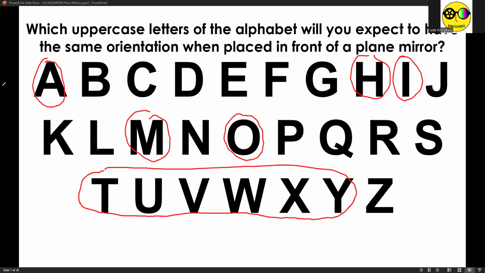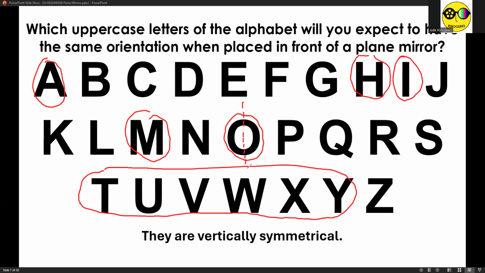So what's special about these letters is that given this orientation and assuming that our plane mirror is standing vertically, no, then the image that will be presented looks exactly the same as the object. And that's because they are vertically symmetrical. So what does vertical symmetry mean? For example, with letter O, if you cut letter O vertically, its left and right sides are vertically symmetrical to each other.